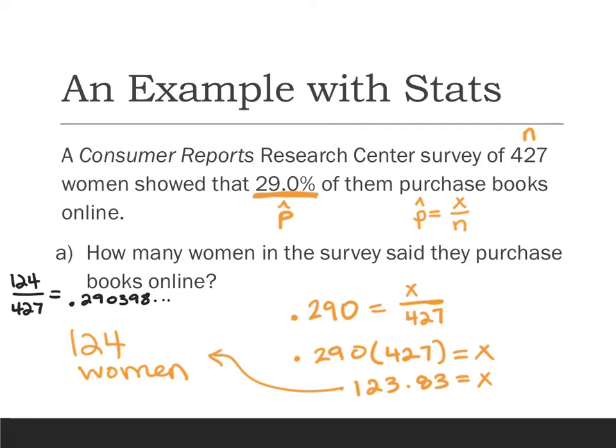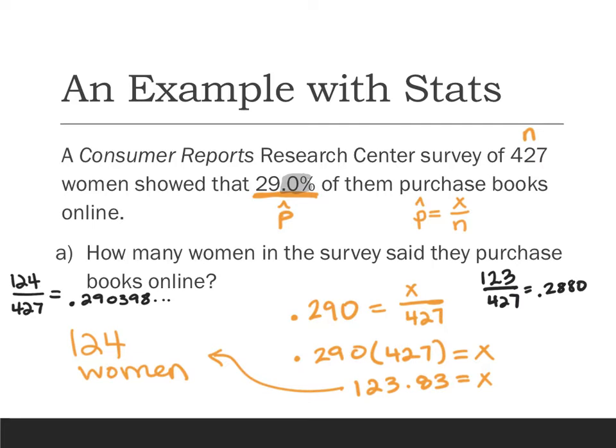If we had rounded down, so I'll come over here, just because I don't have a lot of room, I'll come over to the right-hand side. If we had rounded down and said 123 out of 427, that would have given us a slightly wrong number. And the decimal, this right here, 0.0%, really helps us know that we did need to round up, because this is going to give me 0.28805.